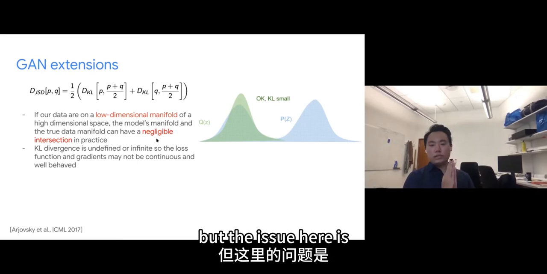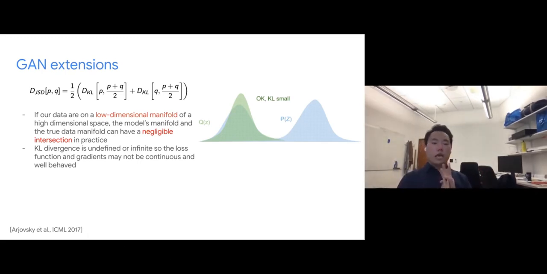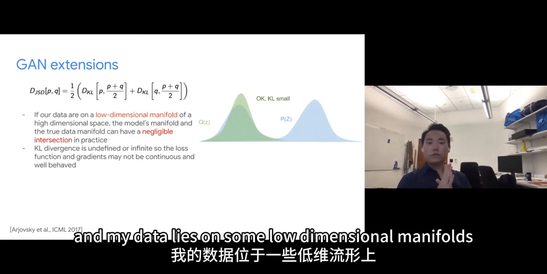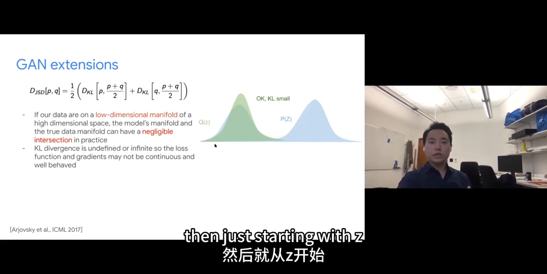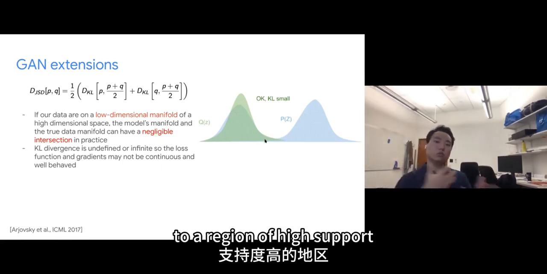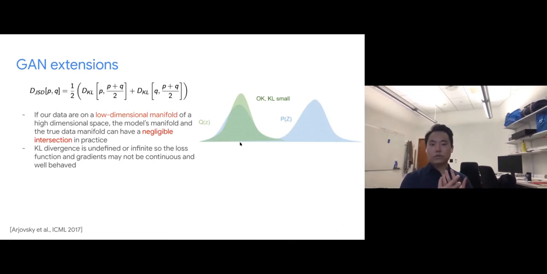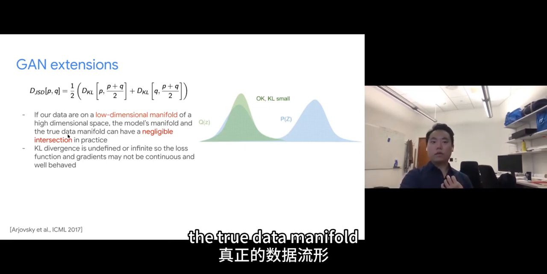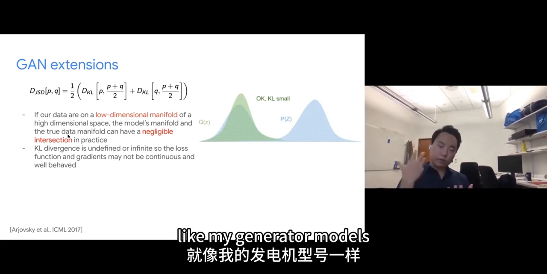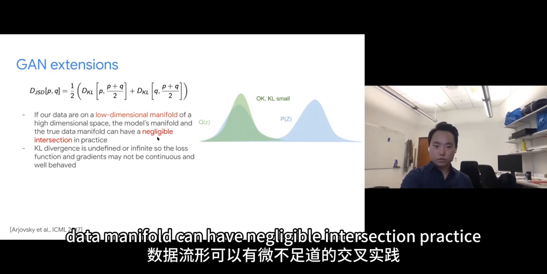But the issue here is that, if my data is in really high dimensional space and my data lies on some low dimensional manifolds, then just starting with Z and relying on gradient-based methods to get Z to a region of high support for Q and P is really difficult. The true data manifold and my generated model's data manifold can have negligible intersection in practice.